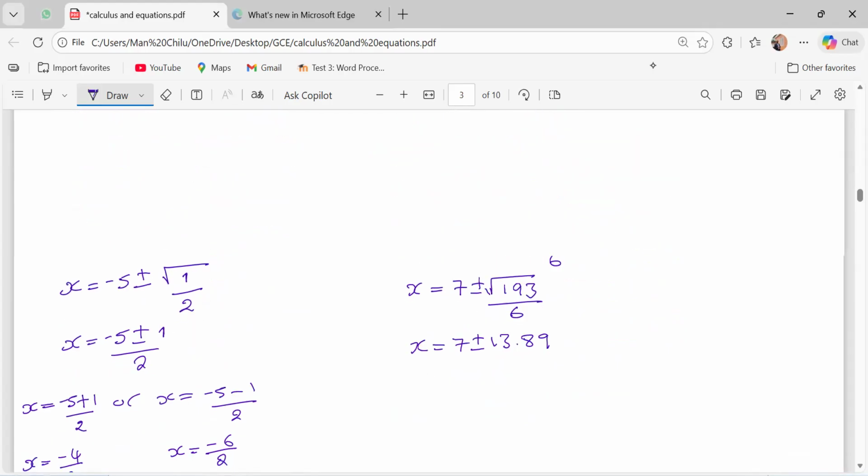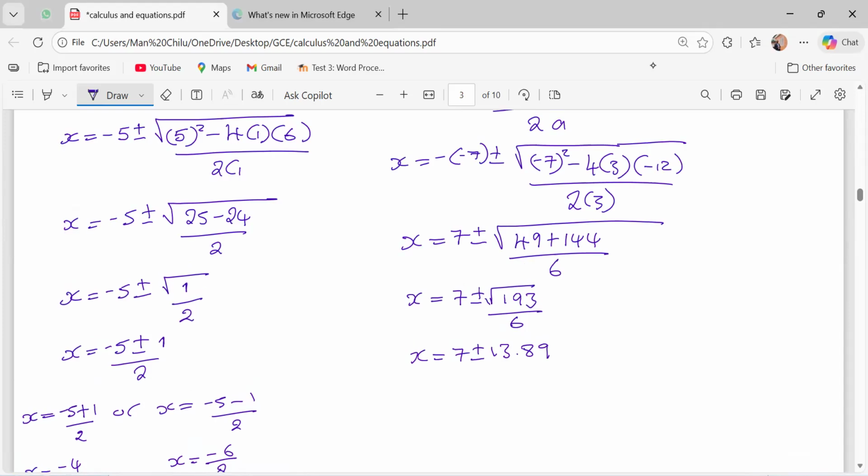So we separate the equations. Our x will be equal to 7 plus 13.89 over 6, or x is equal to 7 minus 13.89 over 6.